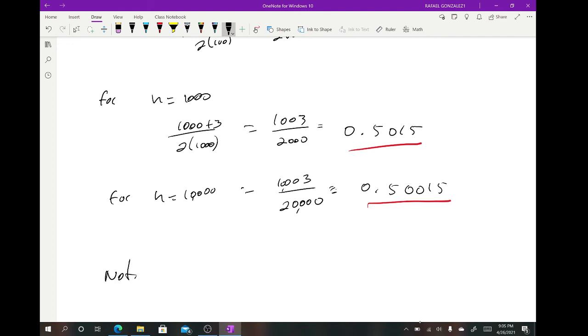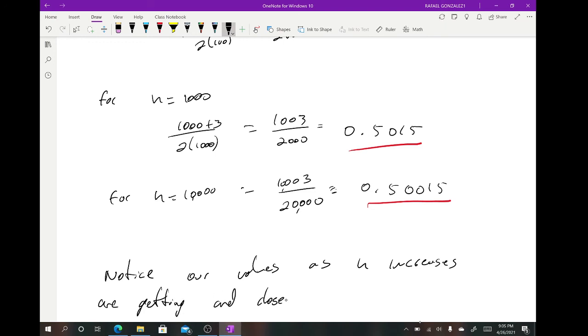So notice our values, as n increases, are getting closer and closer to a particular number.